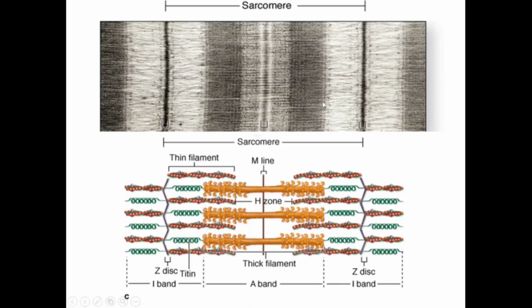Why does the muscle under the microscope have this kind of features? For example, dark part, light part, dark line, or something like this.